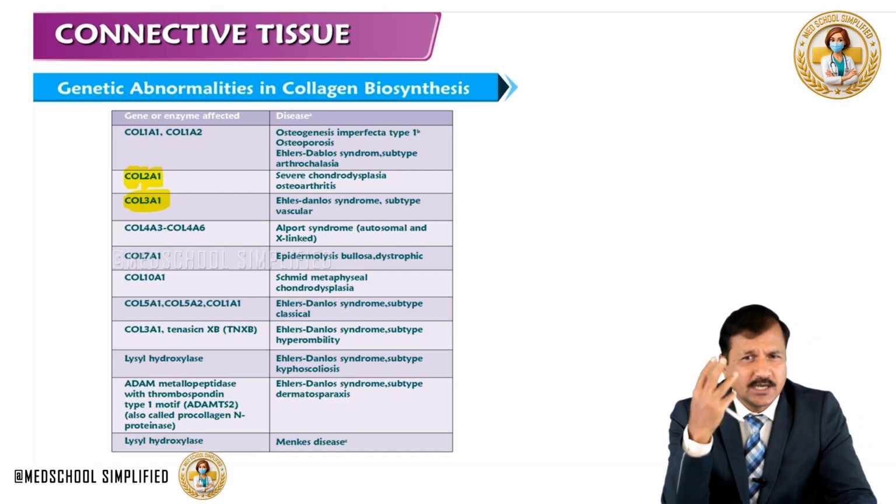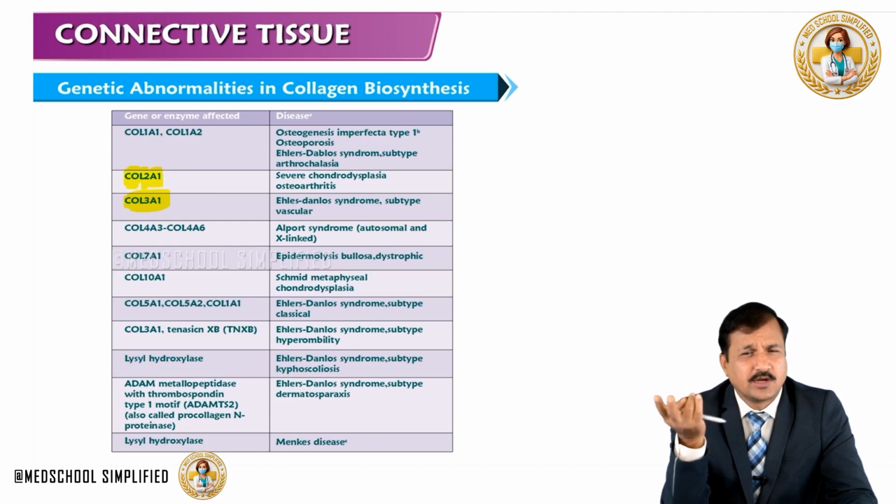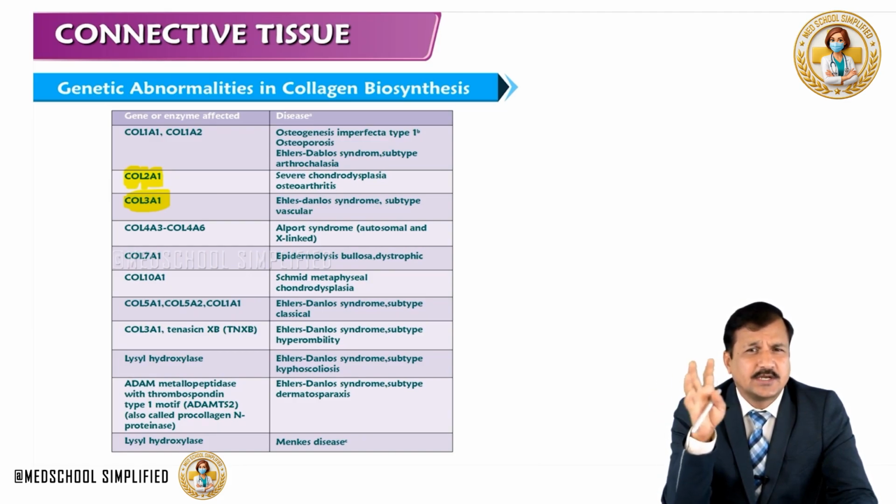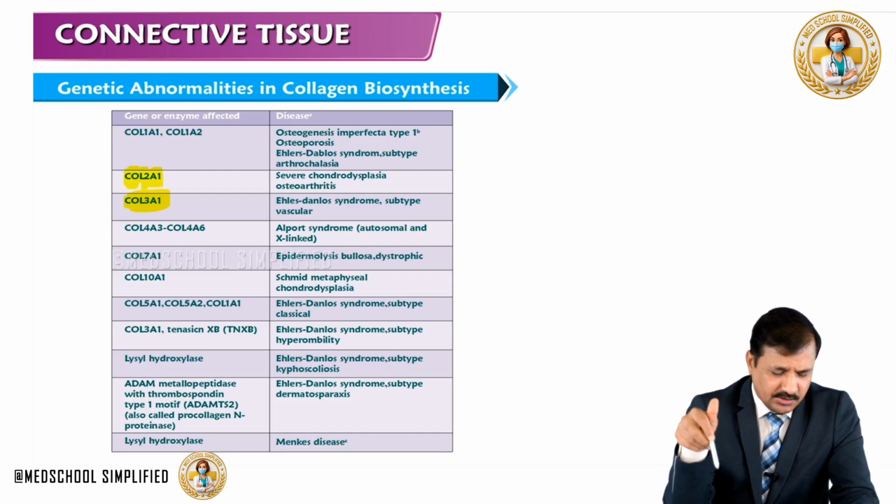Remember, collagen has 3 chains, alpha 1, alpha 2, alpha 3, or it can be any combination, 2 alpha 1, 1 alpha 2. A variety of combinations of these alpha chains will make different types of collagen. So every collagen has 3 alpha chains, depending on what the combination is. So that's how you need to read it.